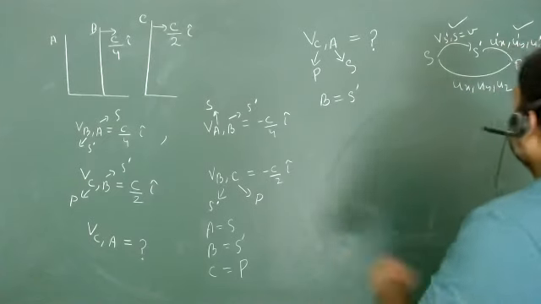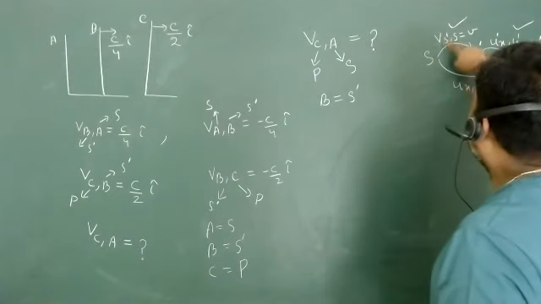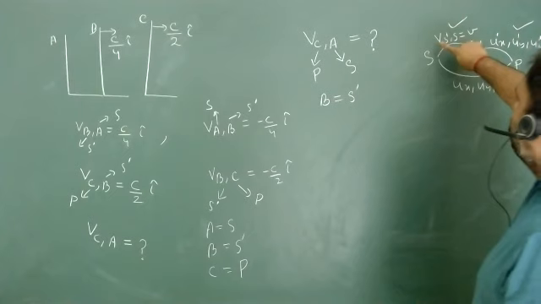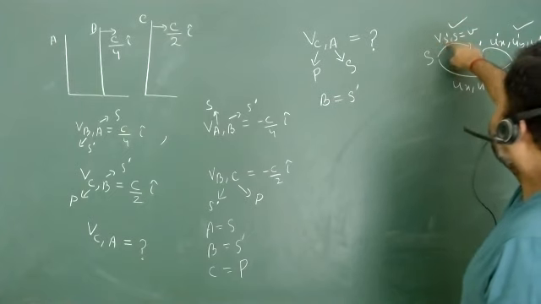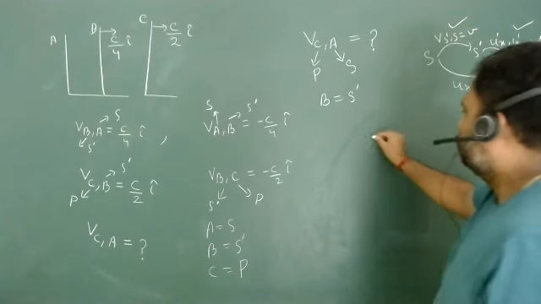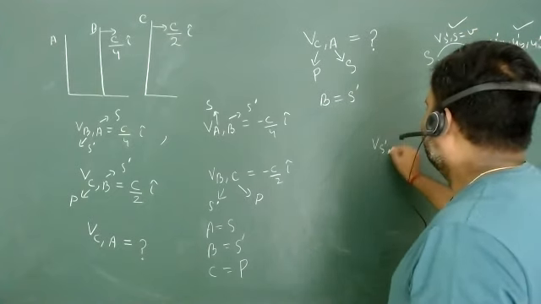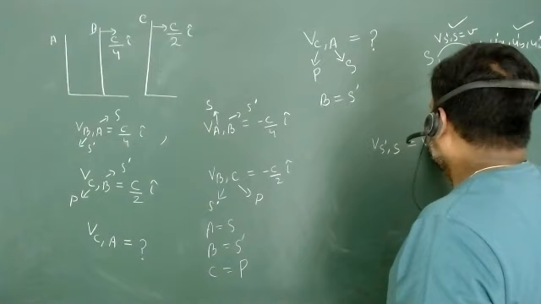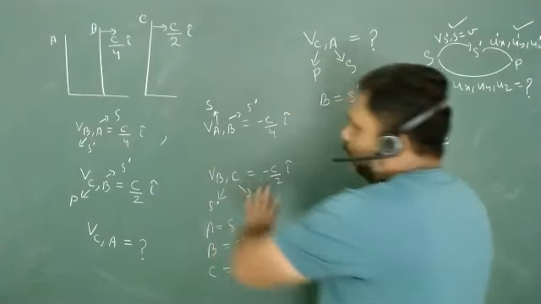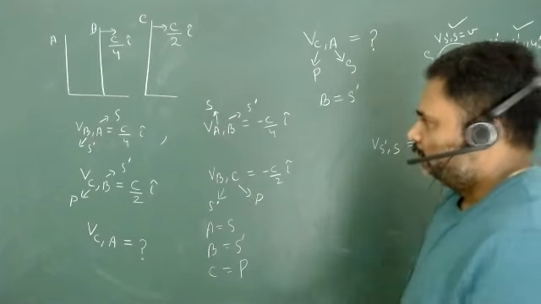Now, look here. This is the unknown quantity. So first thing we have to calculate is the velocity of S dash with respect to S, that is V. Can you tell me which information will be suitable for you?